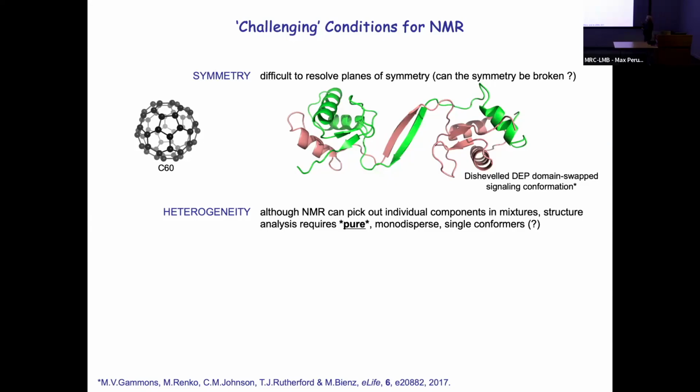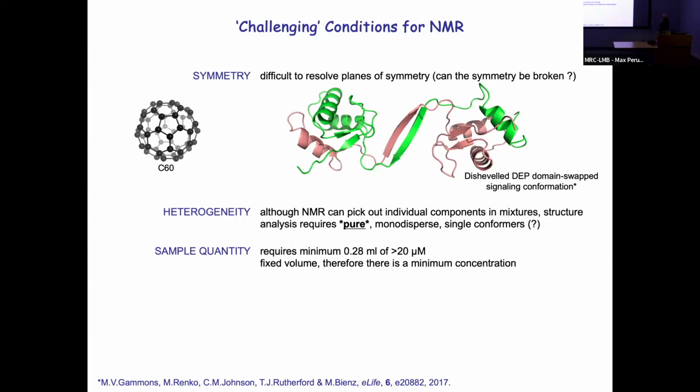It actually doesn't matter so much if it's a single conformer or not, because one of the things that we can pick up by NMR is the existence of conformational exchange, and we can do something to delineate the contributing conformers in the ensemble. Sample quantity is always an issue. For reasons I shall come into in a few minutes, NMR is a very insensitive technique, and it requires relatively large amounts of sample.